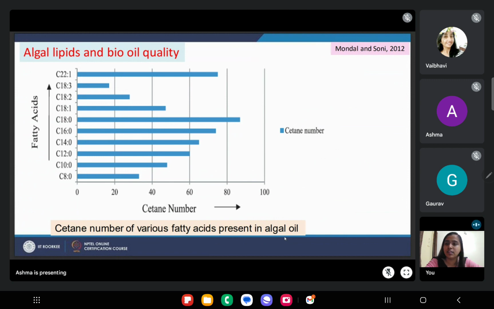So we can see that the saturated fatty acids have comparatively higher cetane number as compared to the unsaturated ones. And as the number of carbons is increasing, we can see for the top one that the number of carbon is 22, and there is one unsaturated bond, and its cetane number is also comparatively high compared to the saturated one.